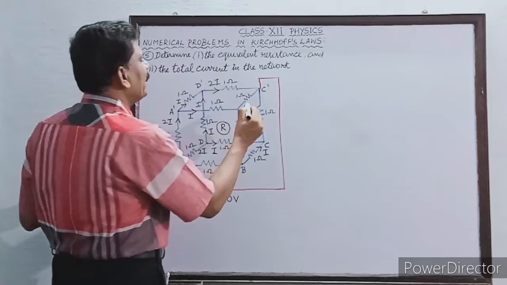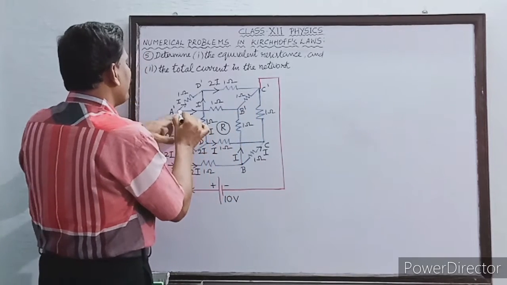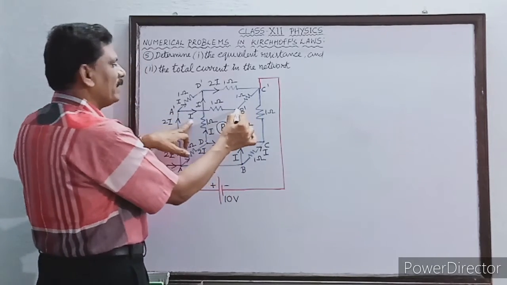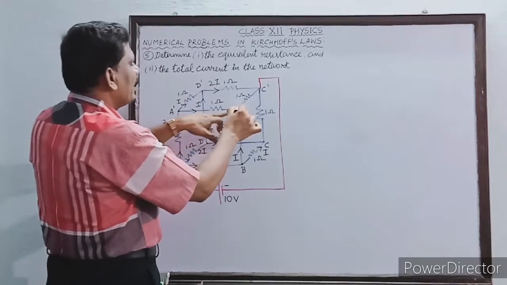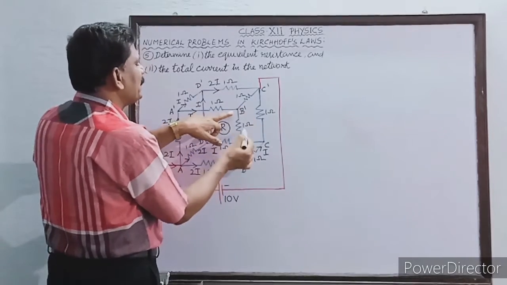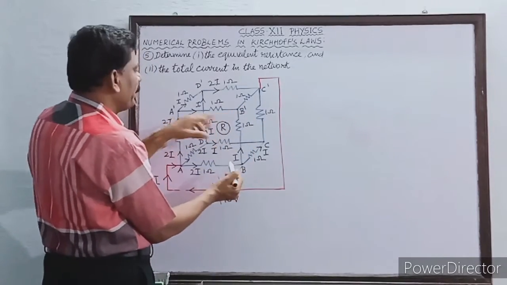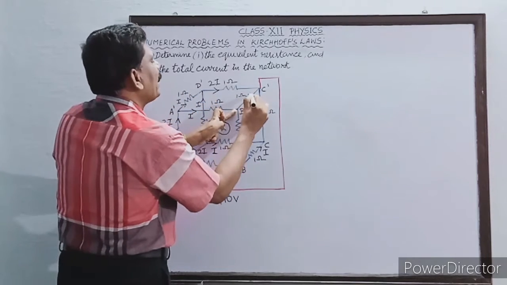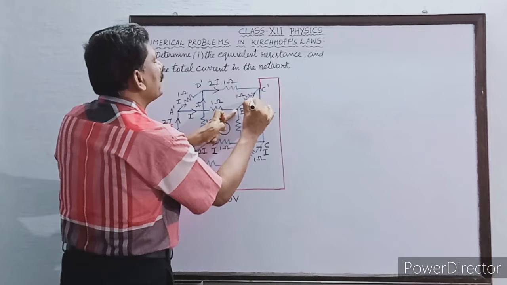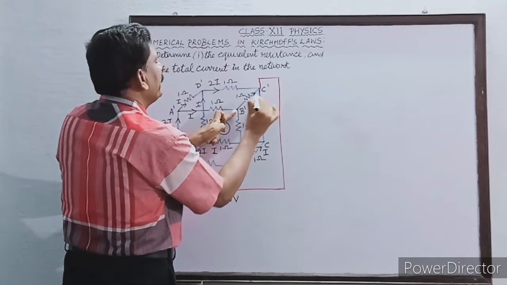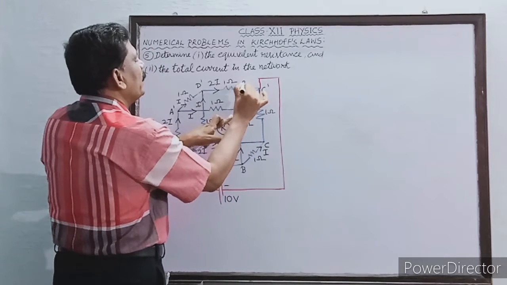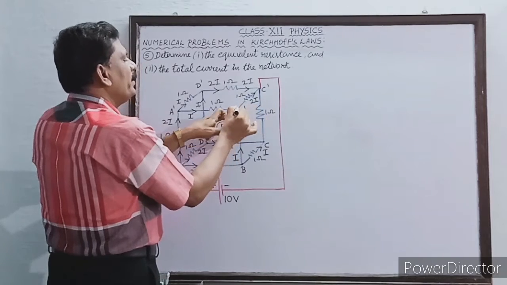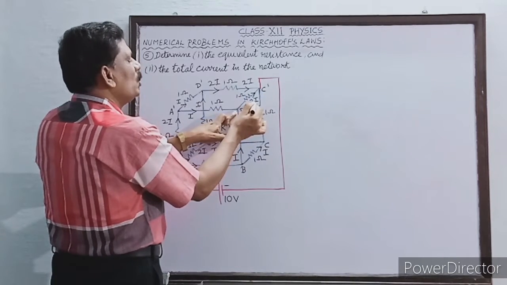Similarly, the current flowing from A dash to B dash is I ampere, and from B to B dash is also I ampere. These two I ampere meet at the point B dash, and the current flowing towards this junction is 2I. So the current between B dash and C dash is also 2I.